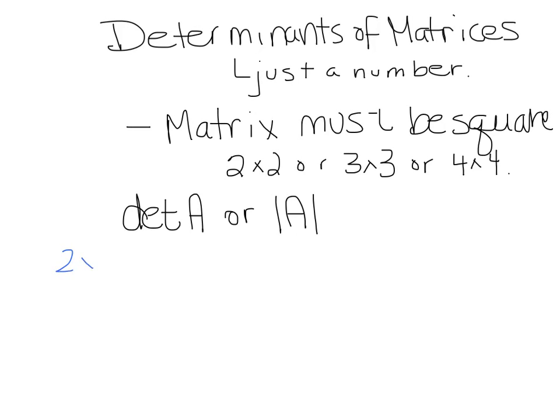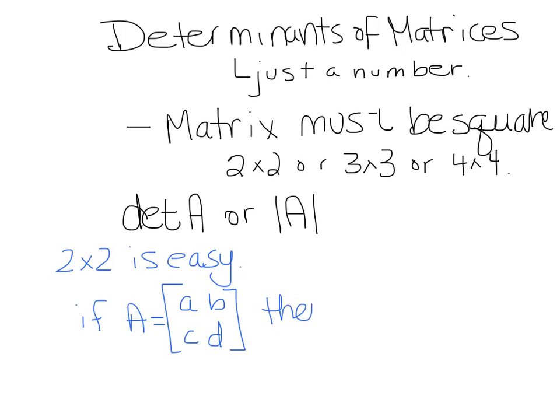So a 2 by 2 is easy, okay, because there's a formula and we're just going to follow the formula. So if I say A is equal to, and let's just give little labels, A, B, C, D, okay?